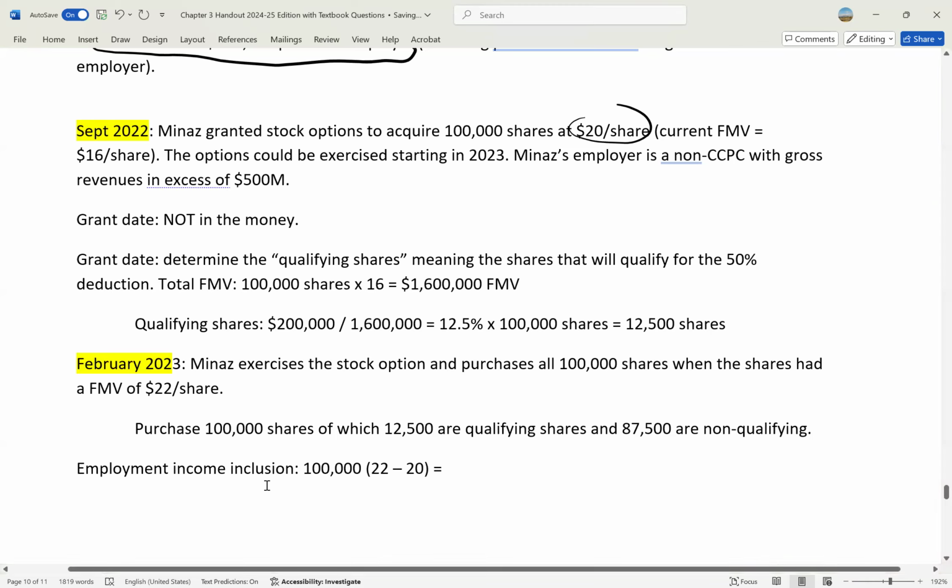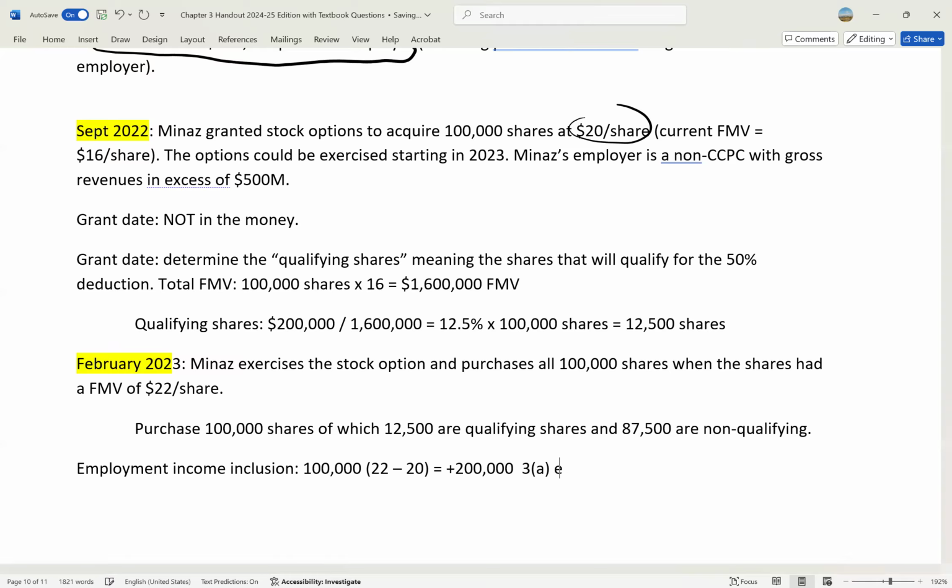So his employment income inclusion is going to be 200,000. This is part of 3A when he calculates his net employment income. And so once again, his net income for tax purposes will increase by this 200,000.